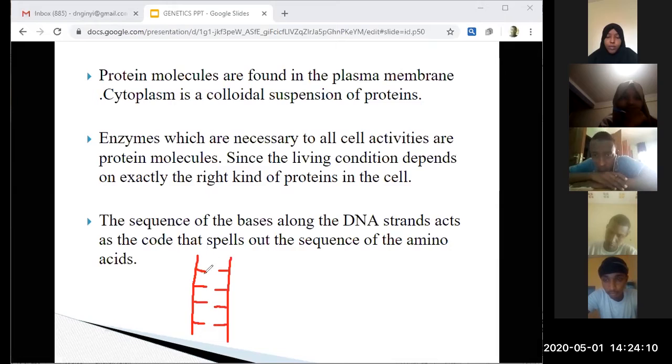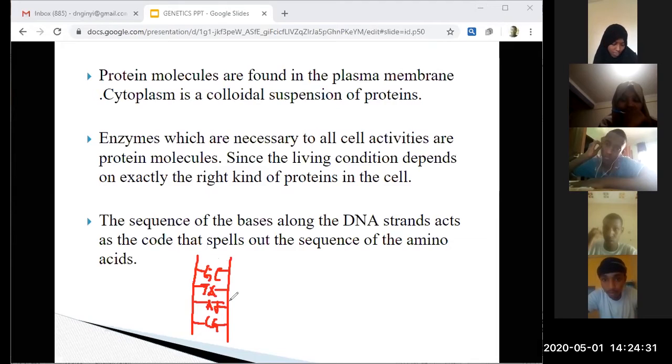So if this is guanine, this is cytosine. If this is thymine, this is adenine. If this is adenine, of course, this is thymine. If this is cytosine, this is guanine. Okay, you know the base pairing, how they pair.